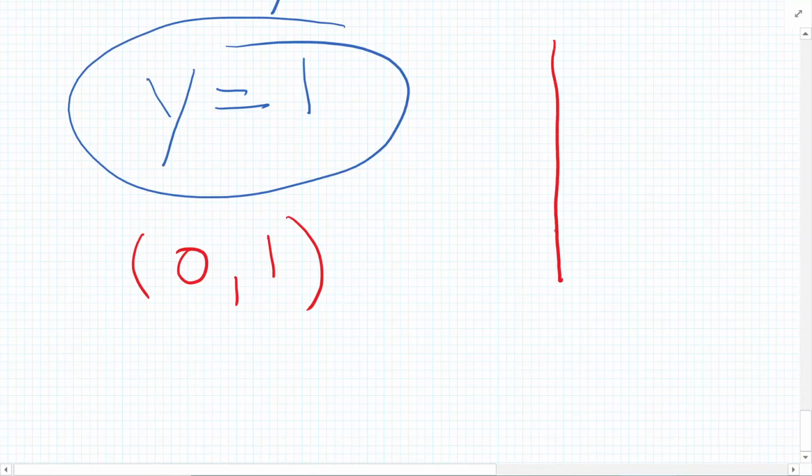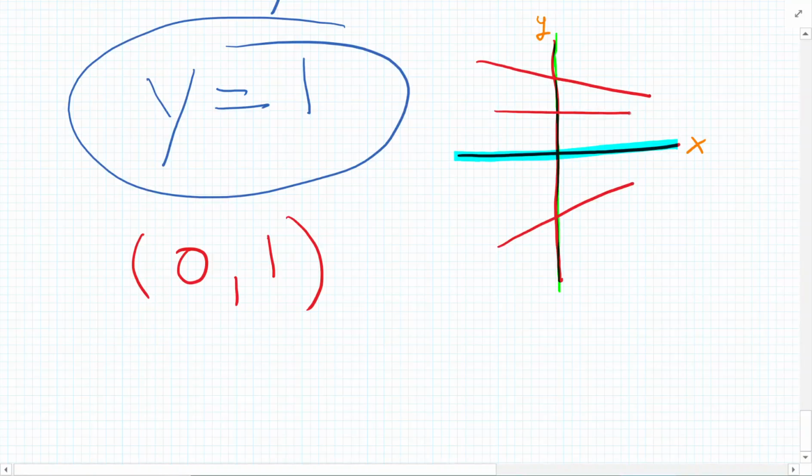Remember, y-intercept is wherever a line crosses the y-axis. I'm going to label my axis here, y and x. X is horizontal. I'm going to highlight that in blue. Y is vertical. Highlight that in green. Wherever the line crosses the y-axis is the y-intercept. I'm going to draw some different lines. Okay.